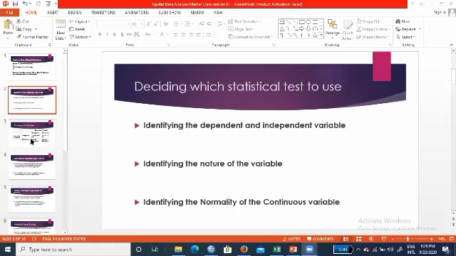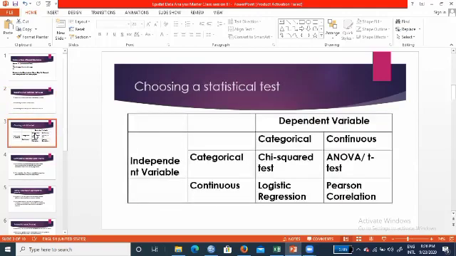Now, after you've identified all those important keys in deciding the statistical test to use, the next thing is to know which statistical test to use. Like this table is indicating, if you have a dependent variable that is categorical and an independent variable that is also categorical, then the test to use is chi-square. If you have a dependent variable that is continuous and a categorical independent variable, then you should go for ANOVA and t-test.